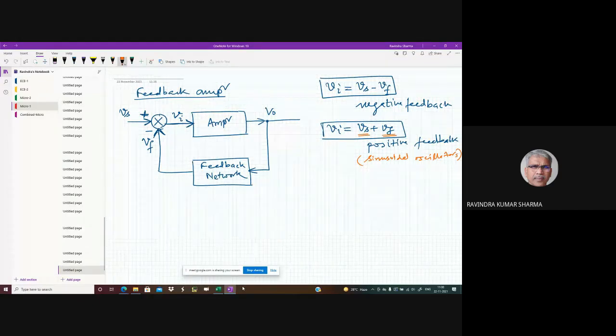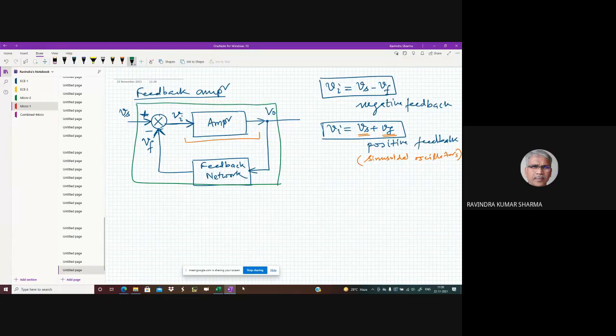Obviously, feedback amplifiers have some advantages over the conventional amplifier. This is the conventional amplifier; it doesn't have any feedback. But what you see here right now is another amplifier, the green boundary, which has the input here and the output here. This is the feedback amplifier.